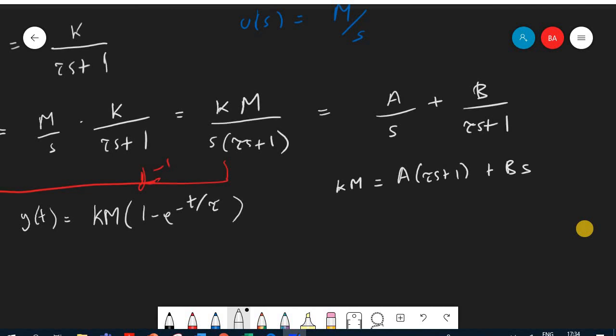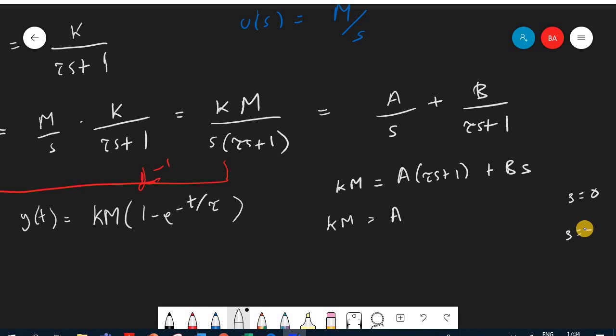Then you substitute s equal to 0. So I'm going to have Km is equal to A into (0 plus 1), plus 0, so A is equal to Km. That is my first equation.